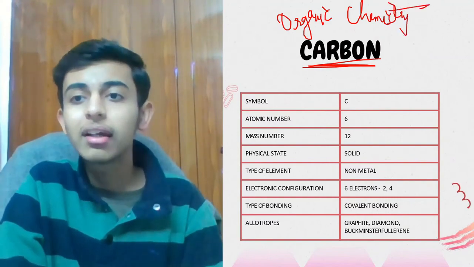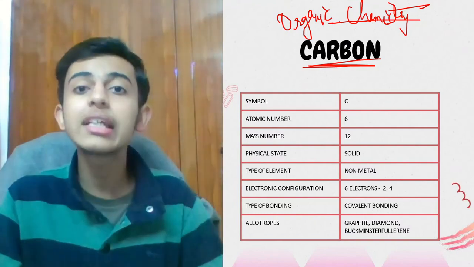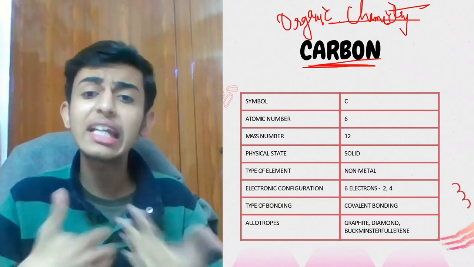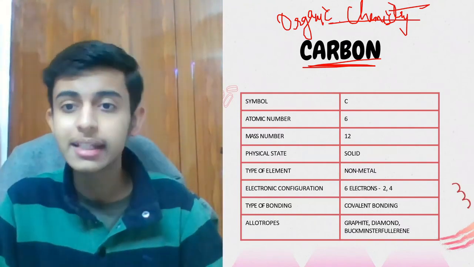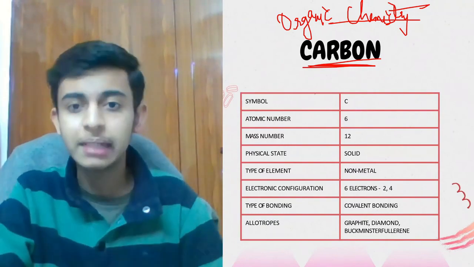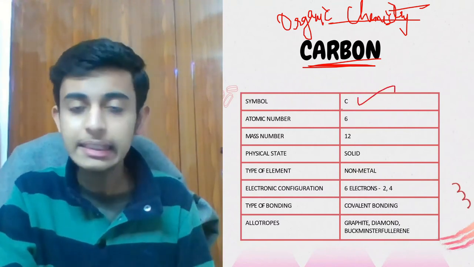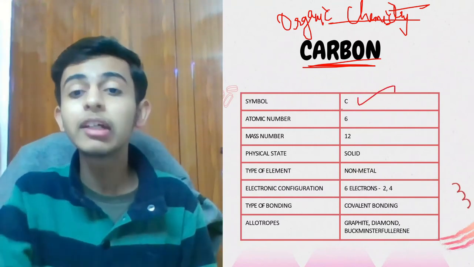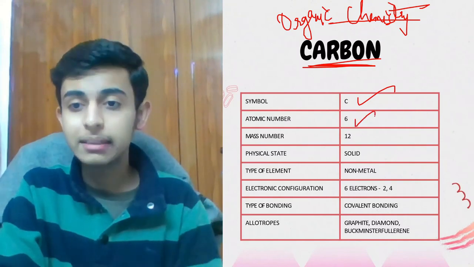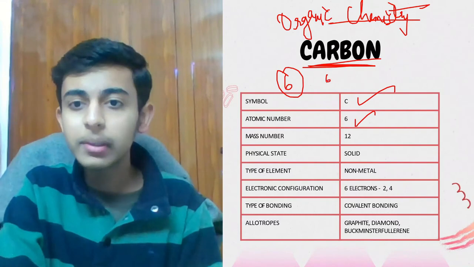But why is the study of carbon separate from the studies of other elements or of atoms and molecules? We will be understanding it subsequently. First of all, you should be familiar with the symbol of carbon, that is capital C. The atomic number is 6 because it has 6 protons along with 6 electrons.